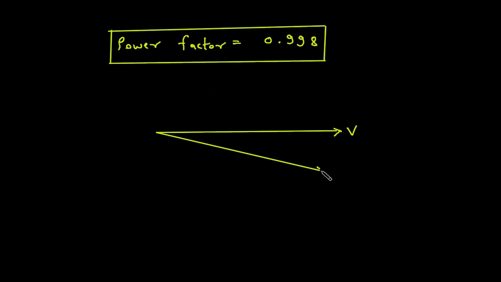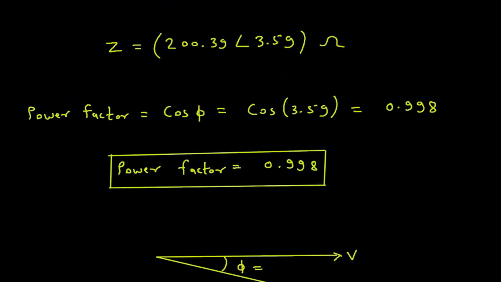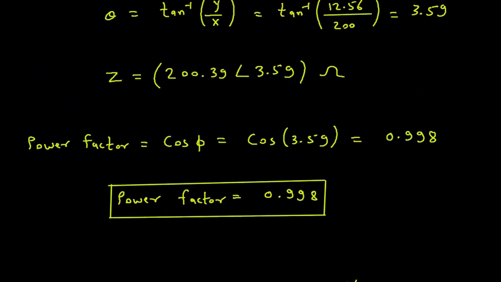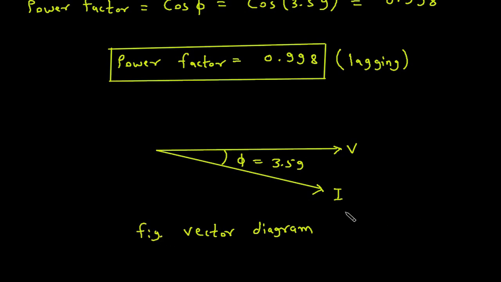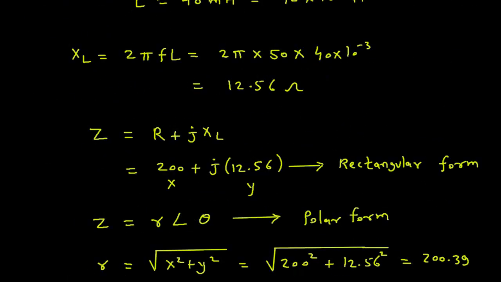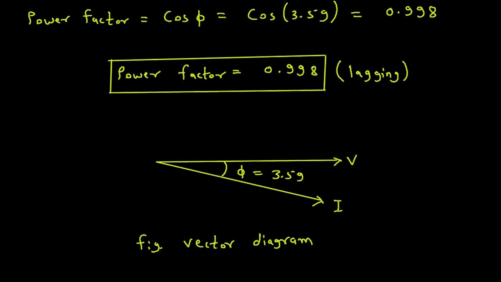So this current will be lagging at an angle of phi is equal to 3.59, and this will be current I, and this will be lagging. So this is our vector diagram. So this is our final answer of power factor and vector diagram.